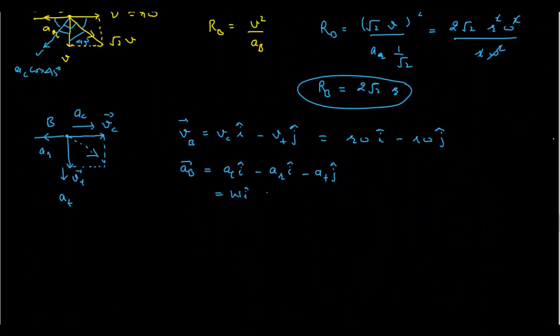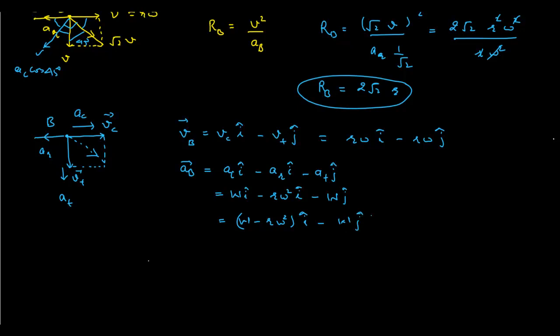And the radial acceleration is R omega square i cap, minus the tangential acceleration, which will also be W, as we have solved in earlier question 1.53. This is j cap. So from here we have W minus R omega square i cap minus W j cap.